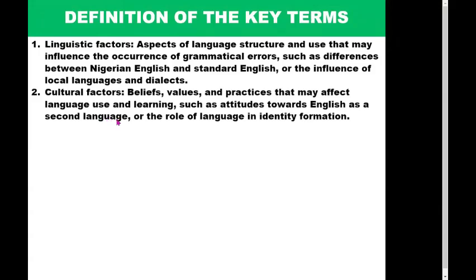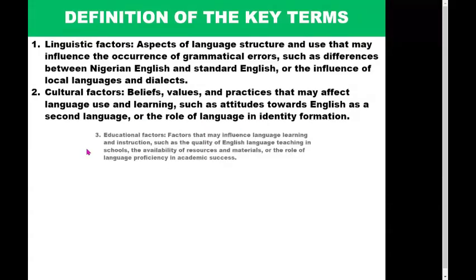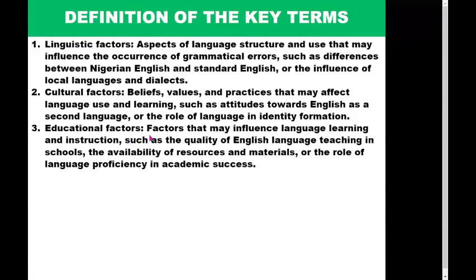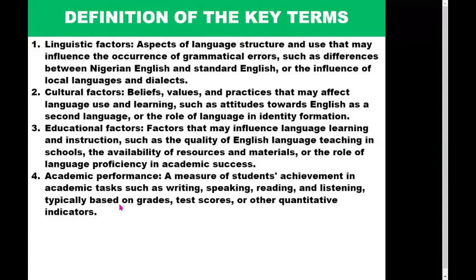Number two, cultural factors: beliefs, values, and practices that may affect language use and learning, such as attitudes towards English as a second language or the role of language in identity formation. Three, educational factors: factors that may influence language learning and instruction, such as the quality of English language teaching in schools, the availability of resources and materials, or the role of language proficiency in academic success.